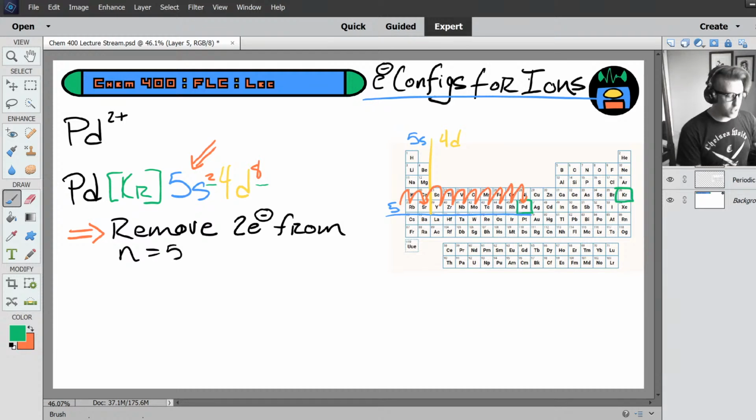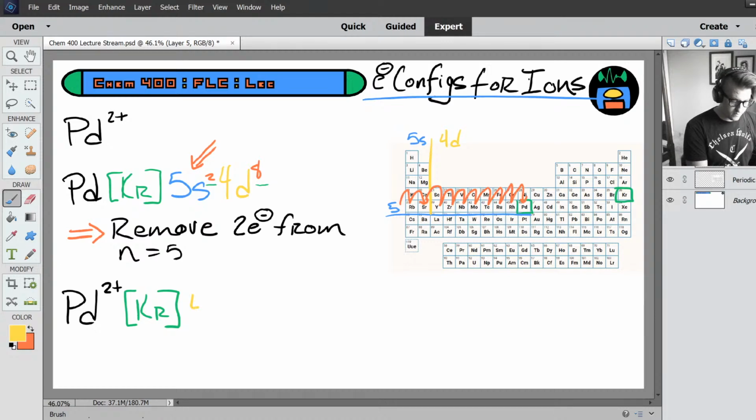So we've got 10 total valence electrons for neutral palladium. But once we remove 2 from our highest energy shell, the electron configuration for palladium 2+ will just be krypton 4d8, because it lost 2 electrons out of its highest energy shell.